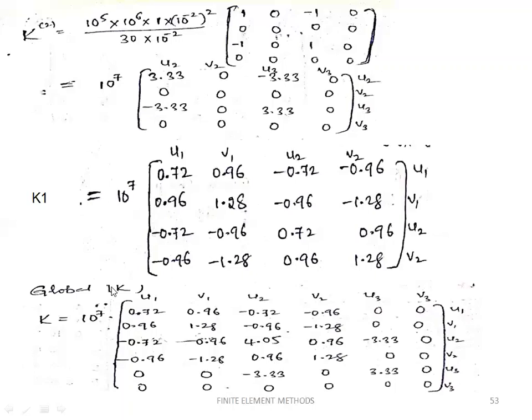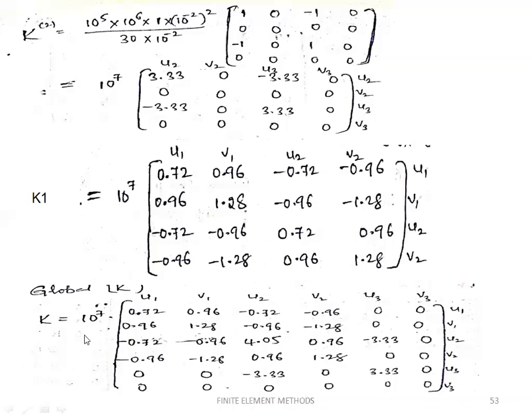Similarly, the 6 columns are also indicated as u1, v1, u2, v2, u3, v3. We are familiar with how to do this method, but anyhow we are repeating it here. Once you know this, take K1 and put it down in this global stiffness matrix. Similarly, after that, take K2 and substitute it here, then you will complete the global stiffness matrix.